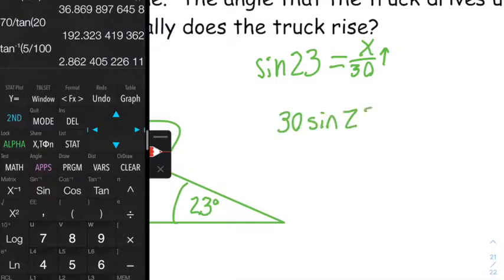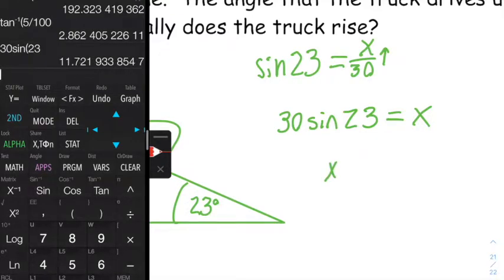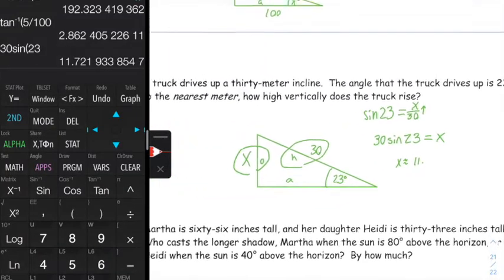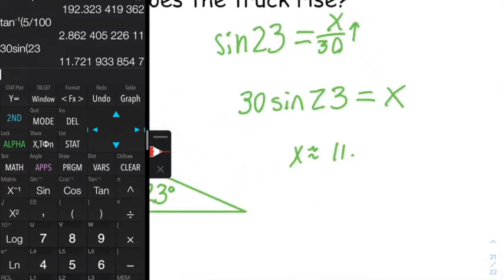It's kind of using the little shortcut. Otherwise, you could just write it as sine of 23 over 1 and cross multiply. But once you do that, you'll get 30 sine of 23. That'll be roughly 11.7. And looking for rounding rules, they didn't say. Pay attention, though, to your rounding rules just in case.